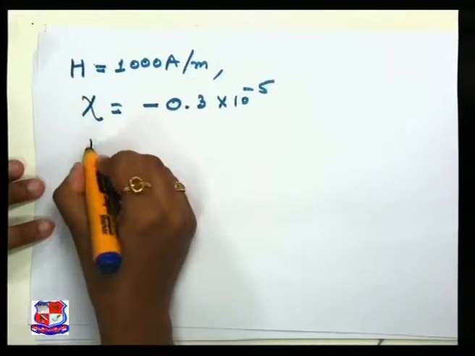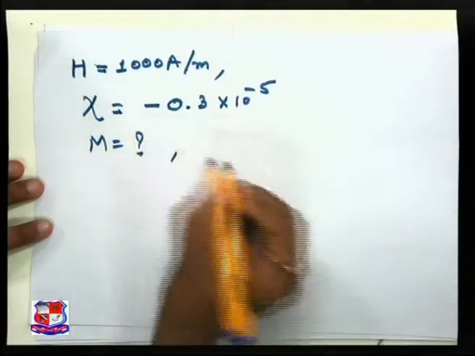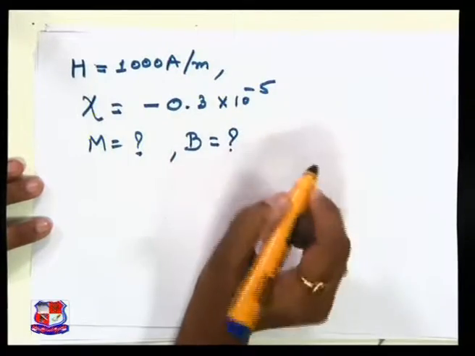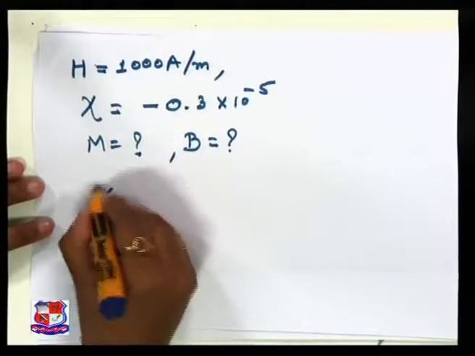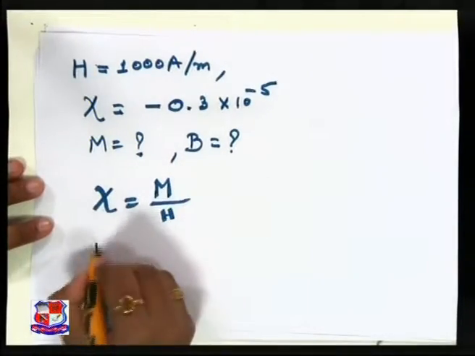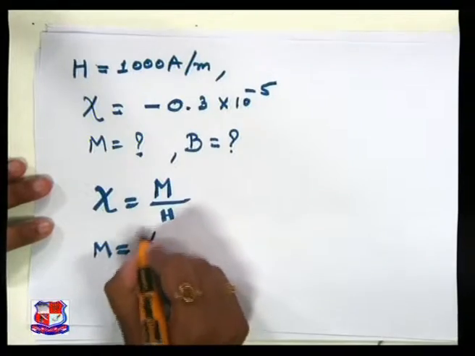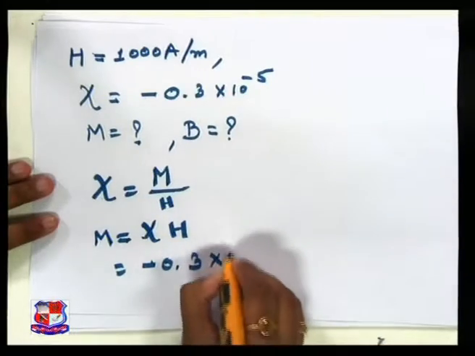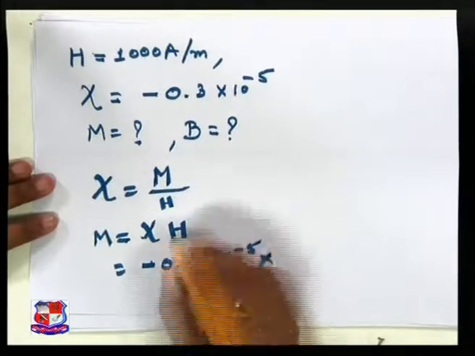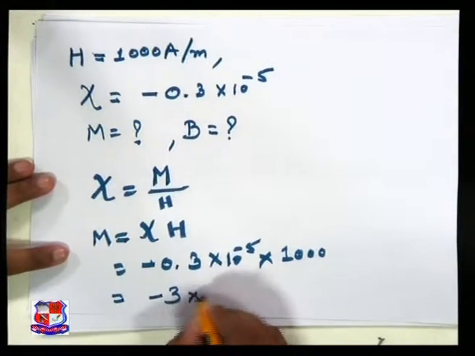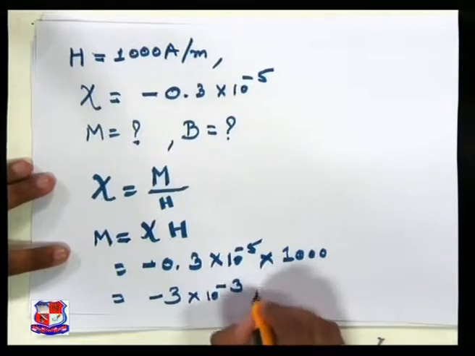Then calculate its magnetization. We will also calculate the magnetic flux density. The formula is chi equal to M by H. So M is equal to chi into H, which is minus 0.3 into 10 raised to minus 5 into 1000. So it is minus 3 into 10 raised to minus 3 ampere per meter.